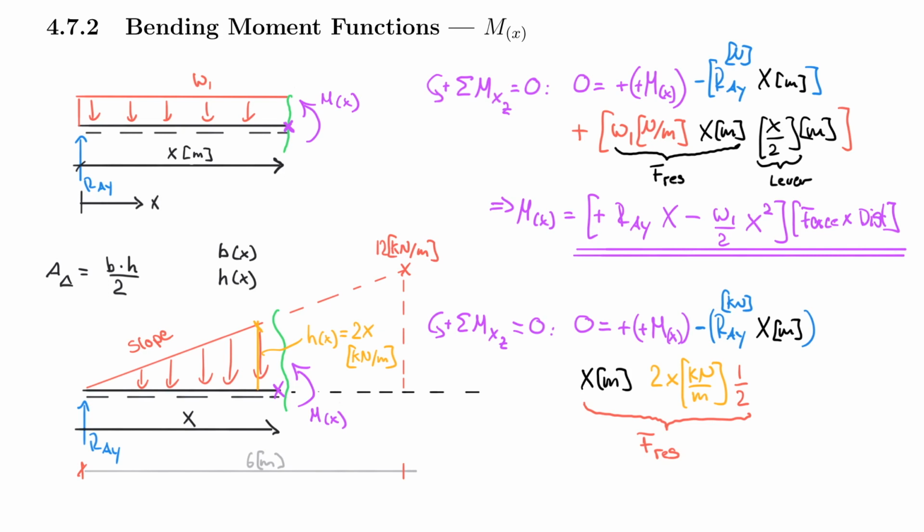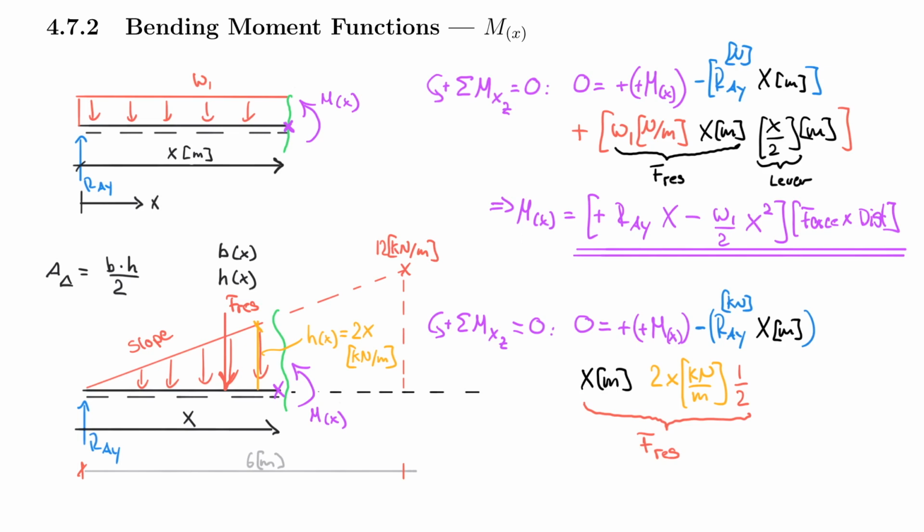Because let's actually draw the resultant force in here for visual representation. I'm going to put it right here. So this is my F resultant, and that is what I calculated with x times 2x divided by 2.